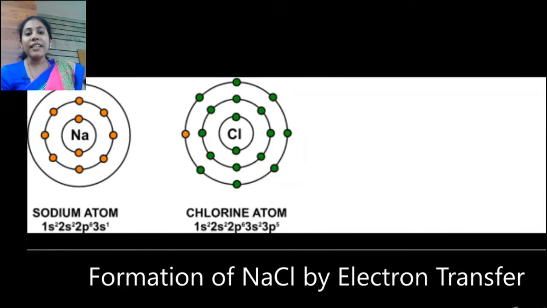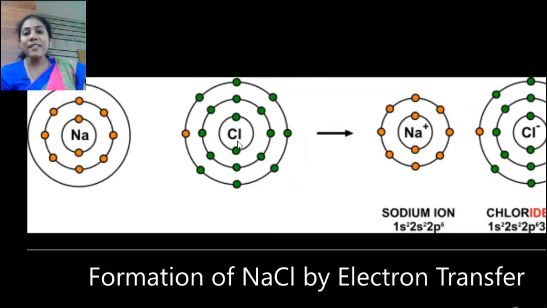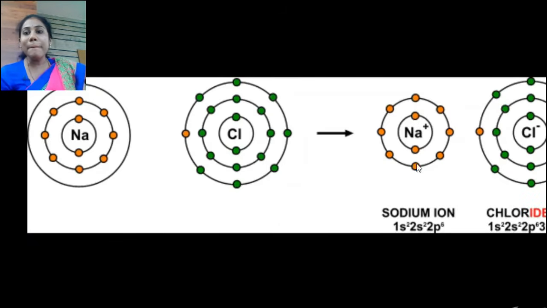So after the transfer, what you can observe is that a sodium plus ion has formed here, because sodium has lost 1 electron, no, so the sodium plus ion has formed. Okay, and our Cl is becoming a Cl minus ion. See here, this orange color electron is from sodium. Sodium lost an electron, no, so Na plus. Cl gained an electron, no, so Cl minus.